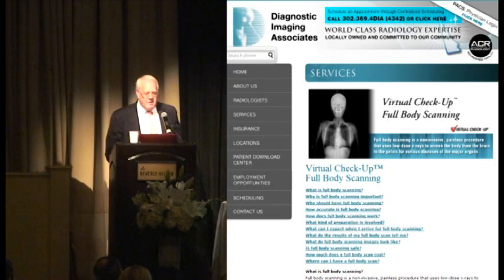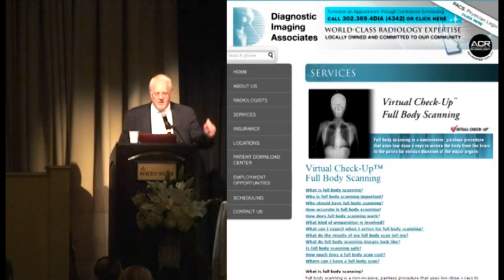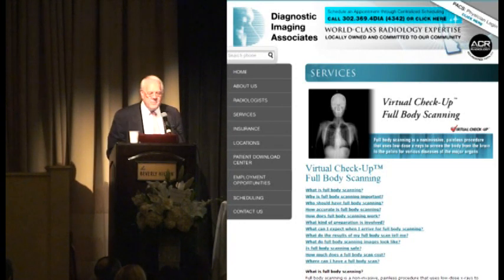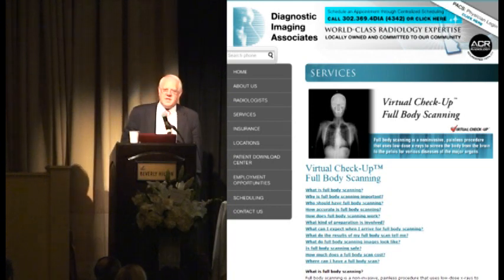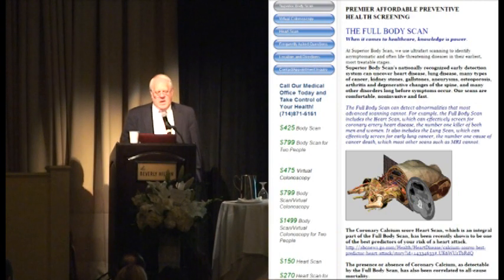When you go to your van that comes around your area and you have your full body scan, does that scan actually see health? Is that what it sees? Does it see disease? Maybe the general public thinks that the machine is detecting disease.